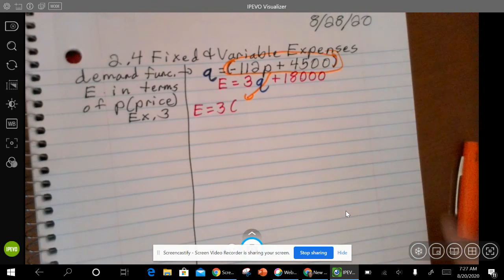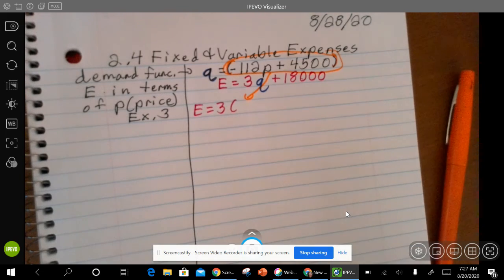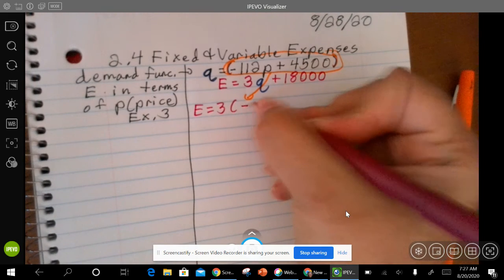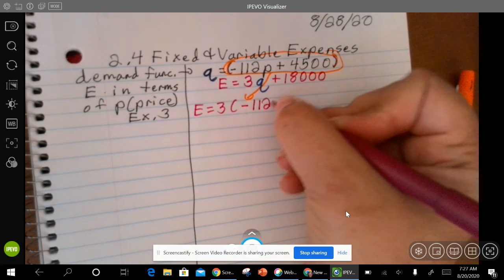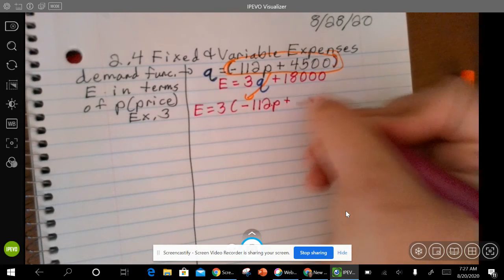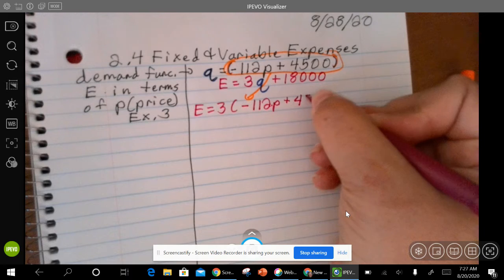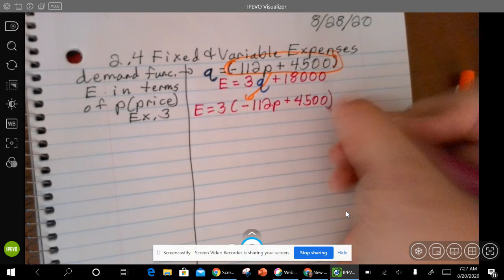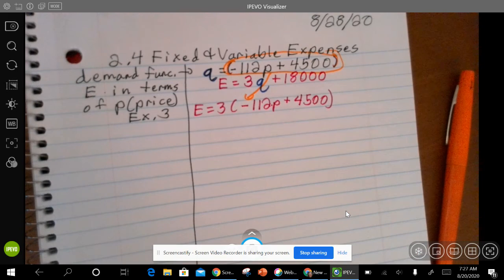And then we're going to simplify it. So I'm going to do negative 112 times the price plus 4,500. Okay, so that's all in there.